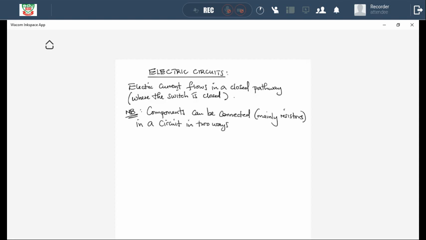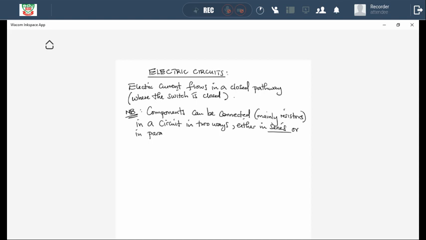So this means already we have two types of electric circuits that we are going to look at, and we look at the way the resistors are connected. So components can be connected in a circuit in two ways: either in series, and let me underline the term series, or in parallel.